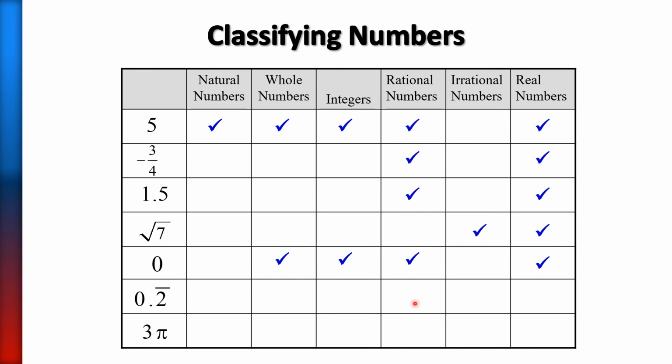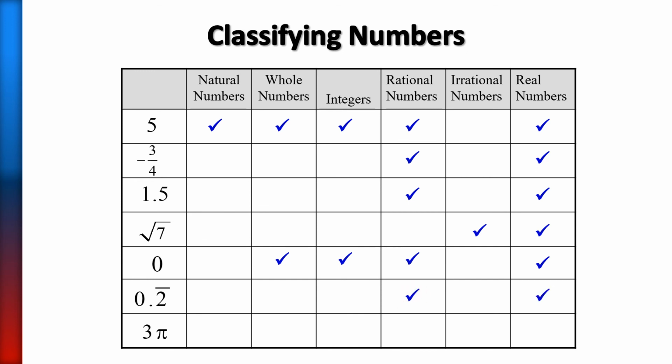Remember, you are rational if your digits stop or if they are repeating. And since the 2 repeats itself, it falls under the category of rational. Whenever you have digits that don't repeat themselves, they're just all types of crazy numbers, that's going to be irrational. But again, this one is rational. Is it a real number?